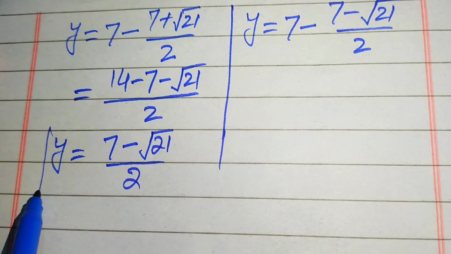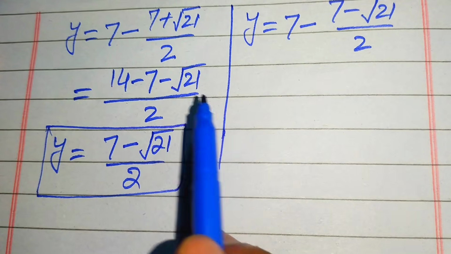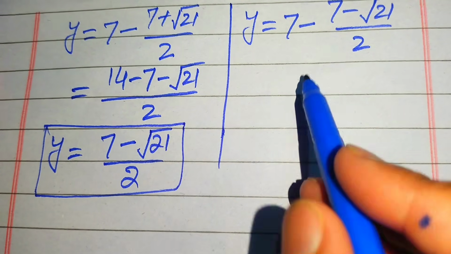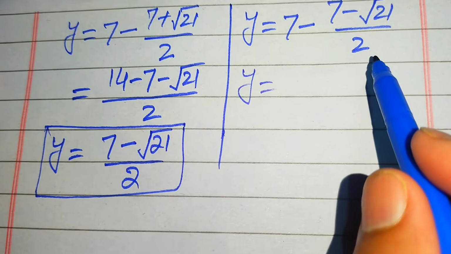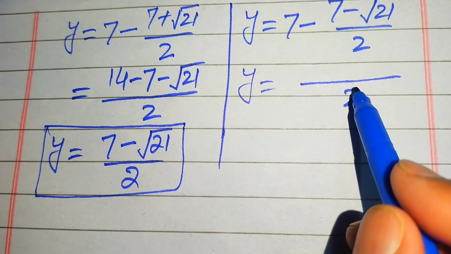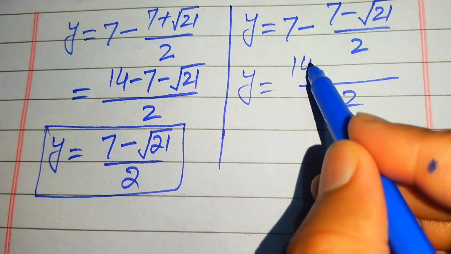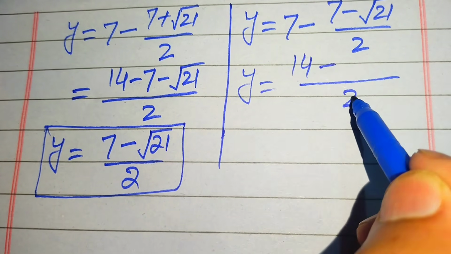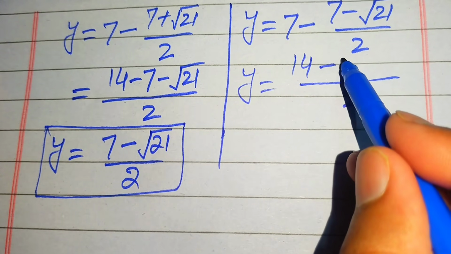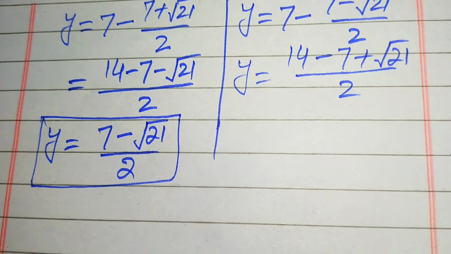This is the value of y corresponding to the value of x is equal to 7 plus square root of 21 divided by 2. And now here in the same pattern, we need to simplify these terms, and here we take the LCM of this equation, and its LCM becomes 2, and this 2 times 7 becomes 14, and the 2 and 2 are gone, and we multiply this negative sign on both of these two values, and we get minus 7 plus square root of 21.